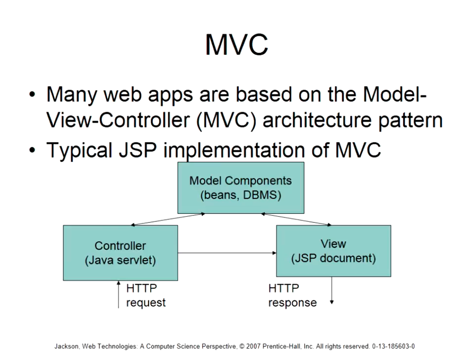If we have a web application with servlets, JSP documents, and beans, Java servlets represent our controller, so we can write all the control in Java servlets. JSP is for the design, the view. And the model will be through the beans and database. Is it clear?